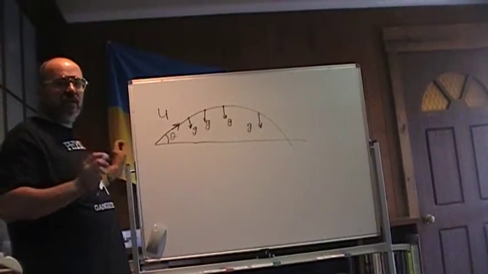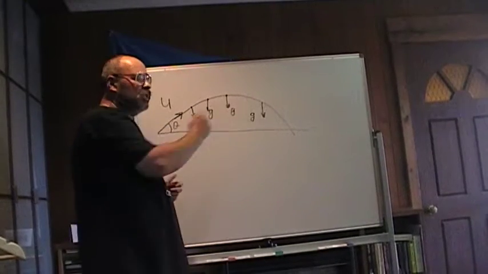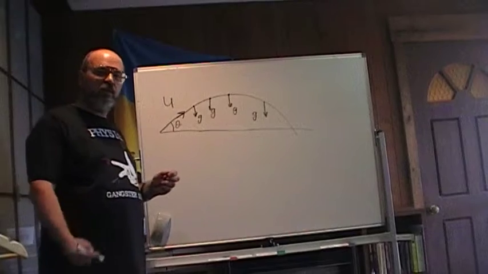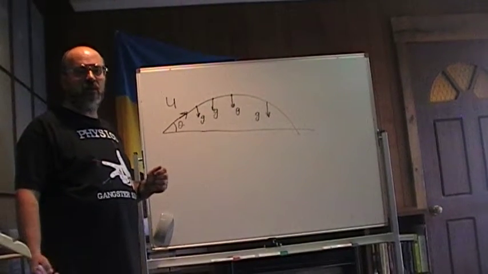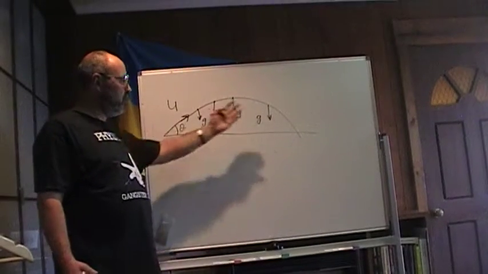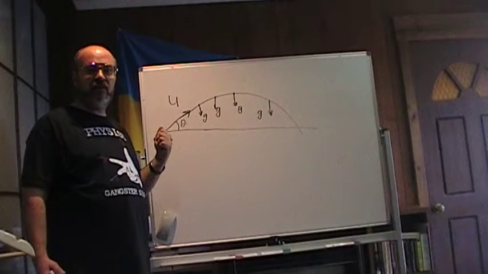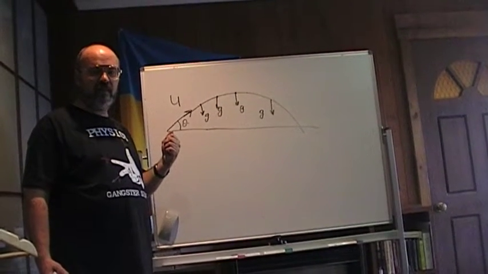And we disregard air resistance, so there is no force acting in the horizontal direction. So the horizontal component of the velocity will remain constant all the time through the motion.